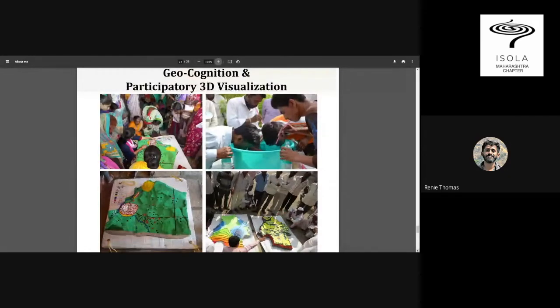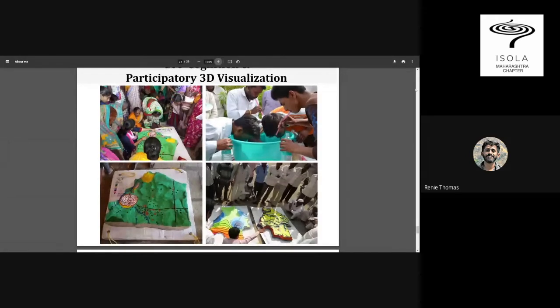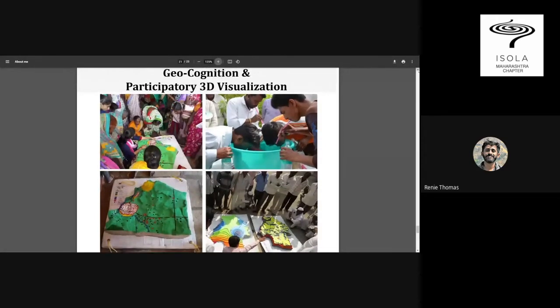Often people say, okay, you are a scientist, you are telling us things to do, but people are not going to listen. So what do you do? I've been using certain tools, so people can perceive both surface and subsurface landscape through something they can understand, and they start building together. We have this participatory 3D visualization where people build their own surface topography through cardboards or other ways.